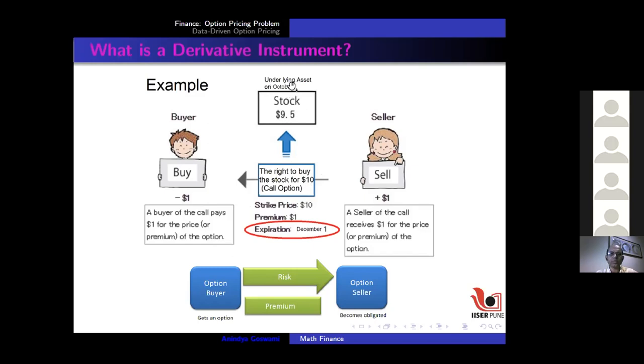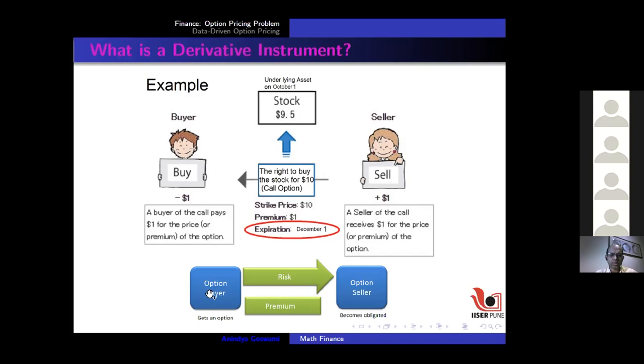So today you can think of 1st October, and the future date is December 1. Between these 2 dates, 3 months, there could be lots of fluctuations, but the girl has to sell 1 unit of stock at this price. That puts risk on her shoulders, so she should not agree unless she is getting paid sufficiently. So the question is, what money is sufficient? That is the main question of option pricing.